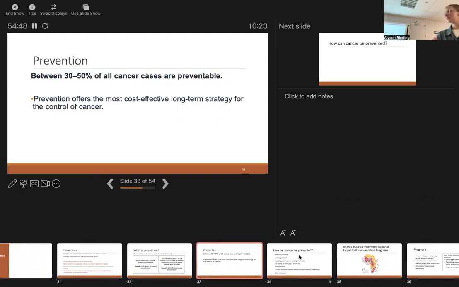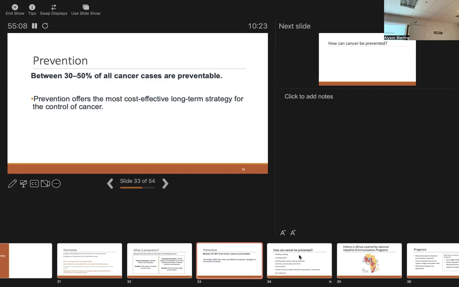And why is prevention important? Between 30 to 50% of all cancer cases are preventable, okay? So adhering to prevention strategies can eliminate a lot of the burden of cancer.